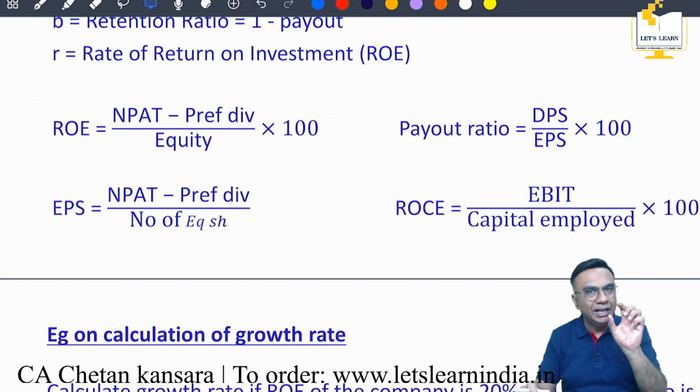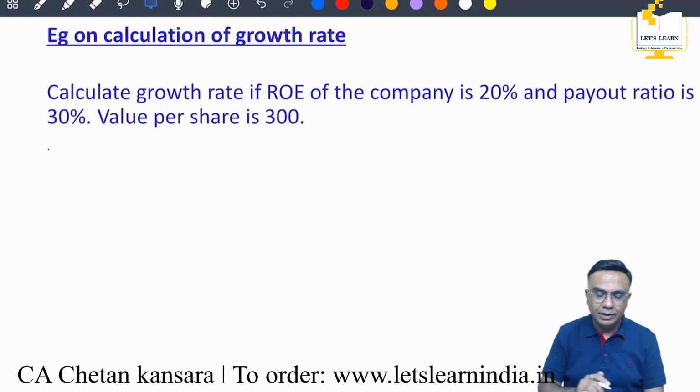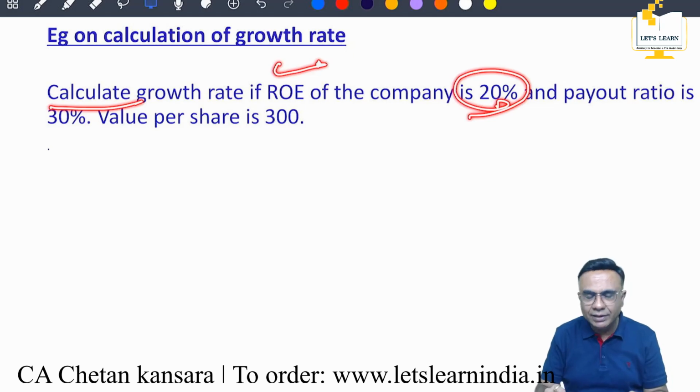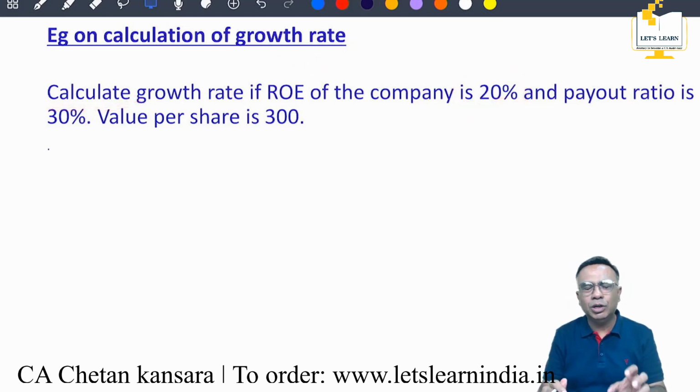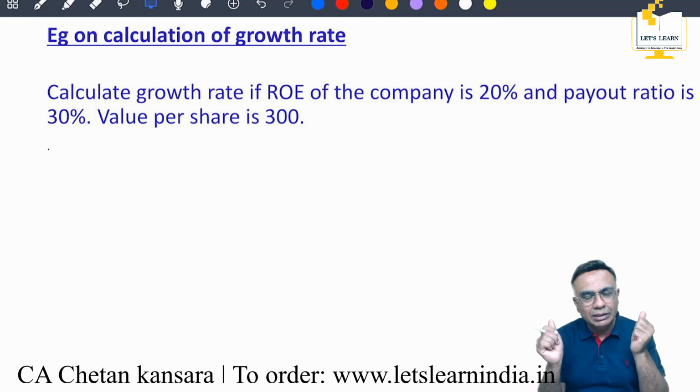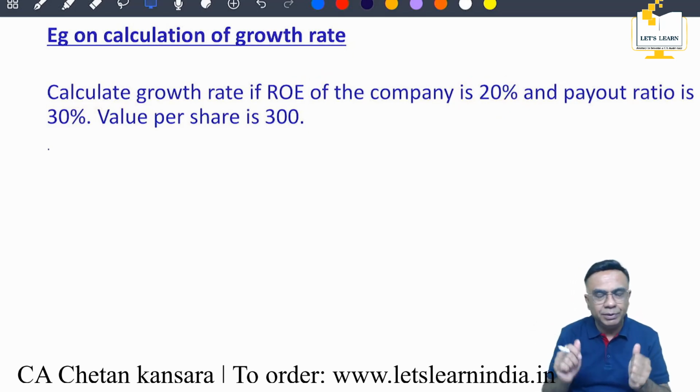Let us take one example to calculate the growth rate. Calculate growth rate if ROE, return on equity, is 20%. When I say return on equity is 20%, it means the company is earning 20% on equity shareholders' fund.